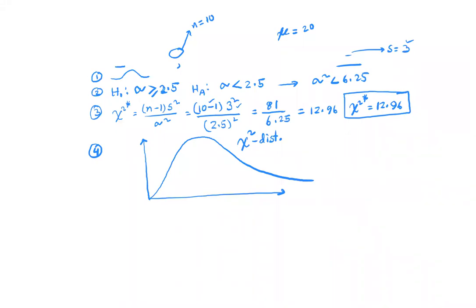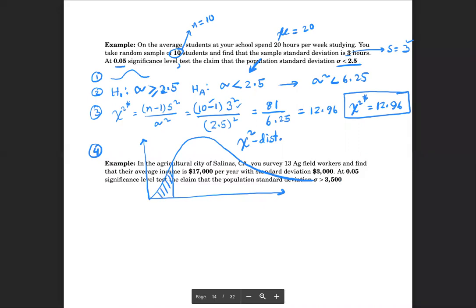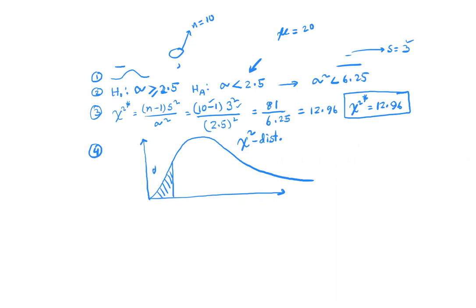Our alternative hypothesis is less than, so we are going to be talking about the left tail. The significance level alpha is 0.05, so the shaded region on the left is 0.05. And for this point, chi-square, we need to find the value from the table. So let's look at the table.